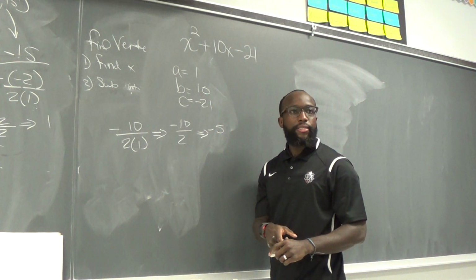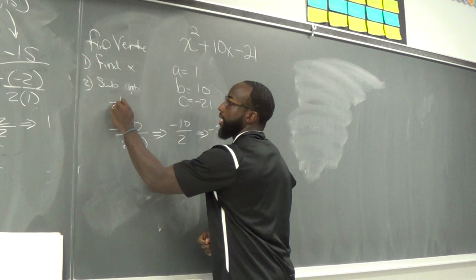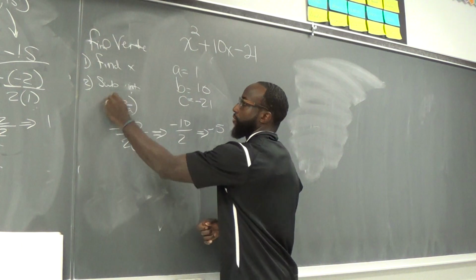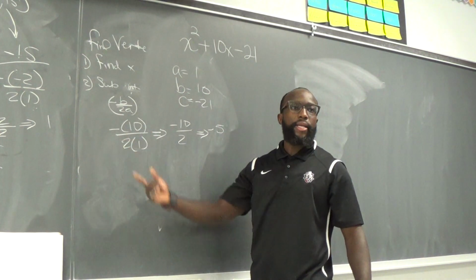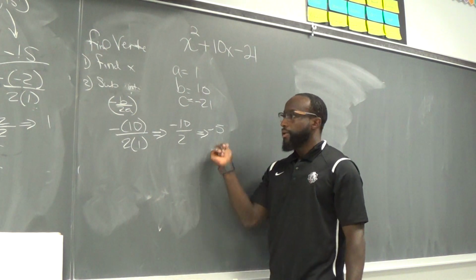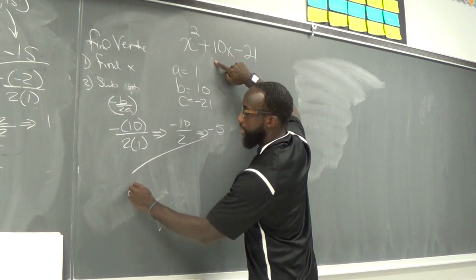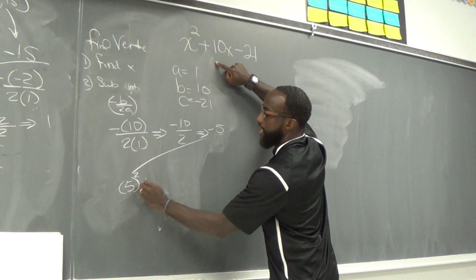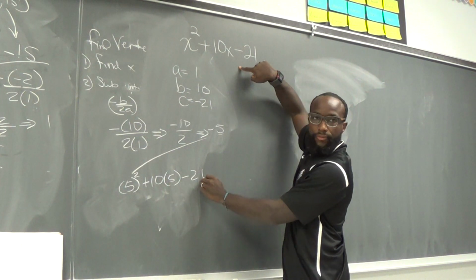Why is 10 negative? Because the formula is negative b over 2a. 10 was actually positive, but the negative sign made it negative. So now you take this 5 and plug it into this equation: 5 squared plus 10 times 5 minus 21.